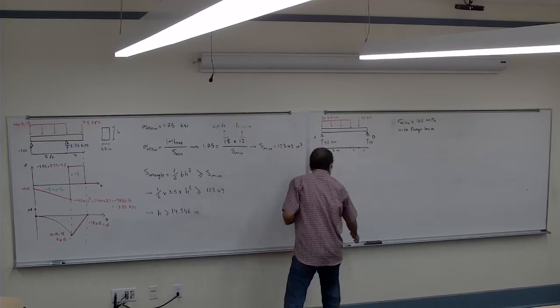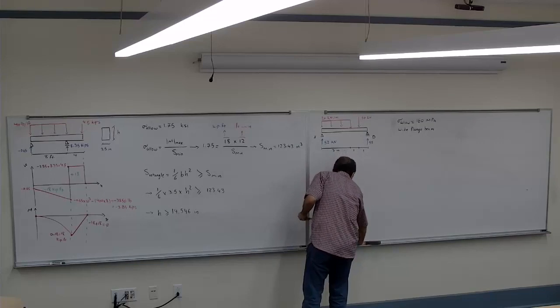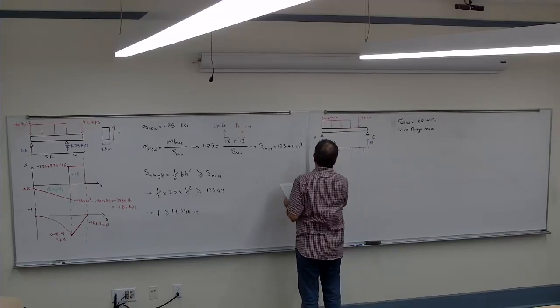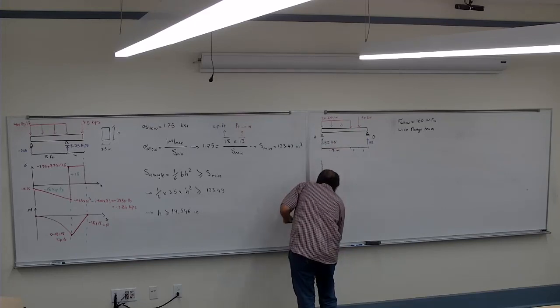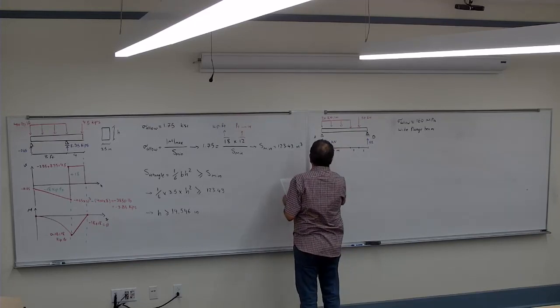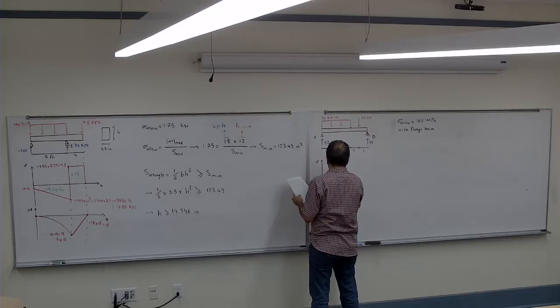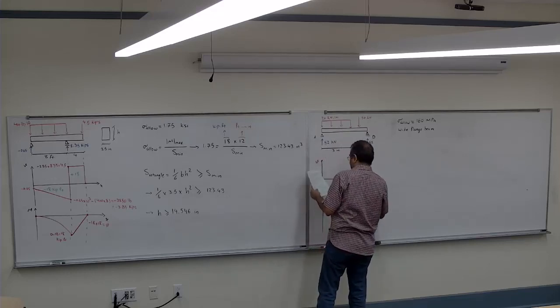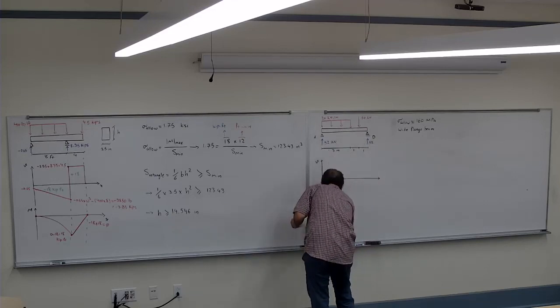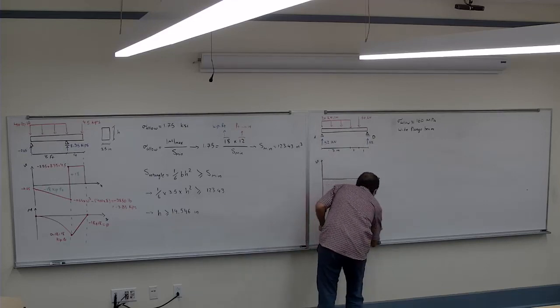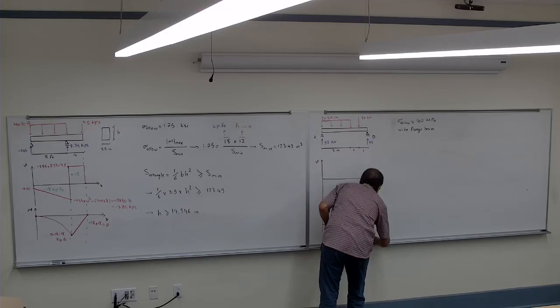Going up, both of them positive. Now we want to look at the shear and moment diagram for them. So for the shear, and for the moment, that's X, that's X.